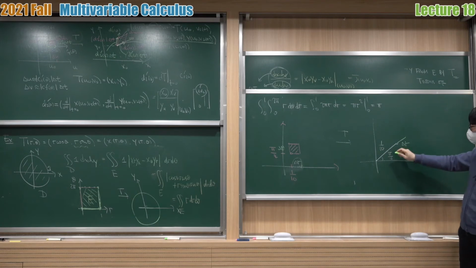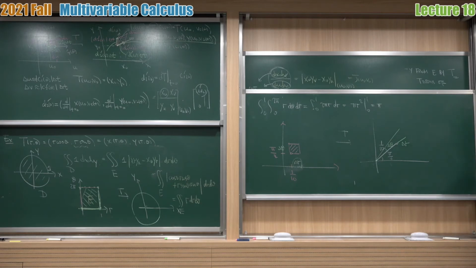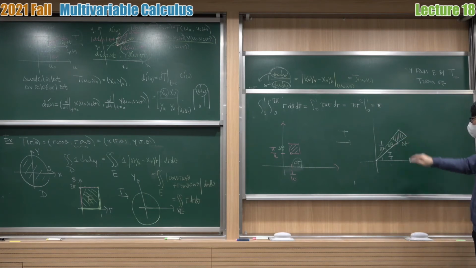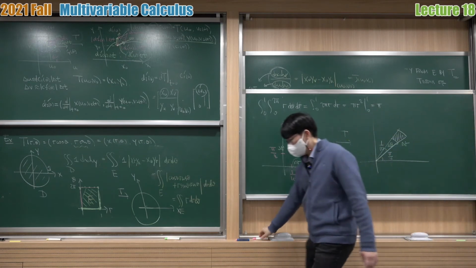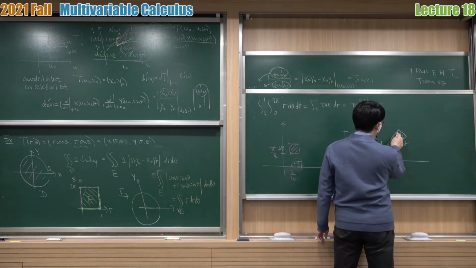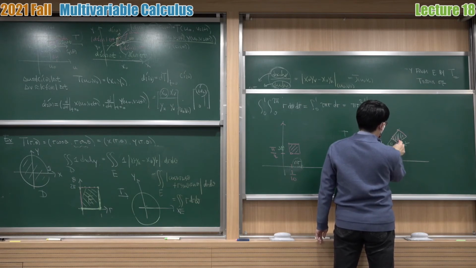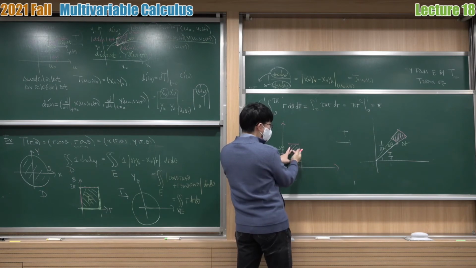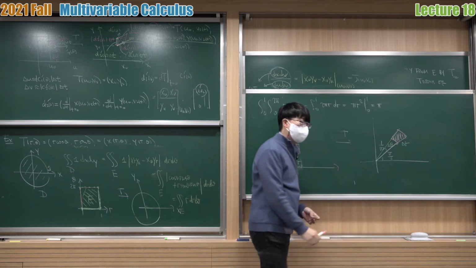So if you increment d theta, then it's like you're taking this ray increased by delta theta. And then you're looking at this pie-shaped area, which corresponds to this area. Since T is a one-to-one map, every point in this rectangular box is mapped into this pie-shaped thing. Okay?